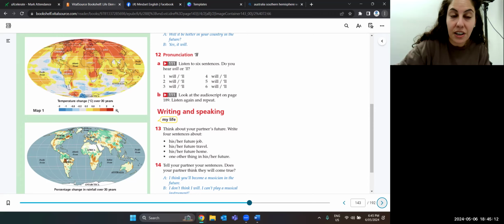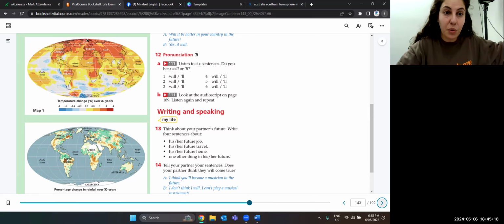It's actually gone up by 4. Can you see because it's red? The temperature on top of the world has increased by 4 degrees, not decreased, because it's red. So false for number 1.